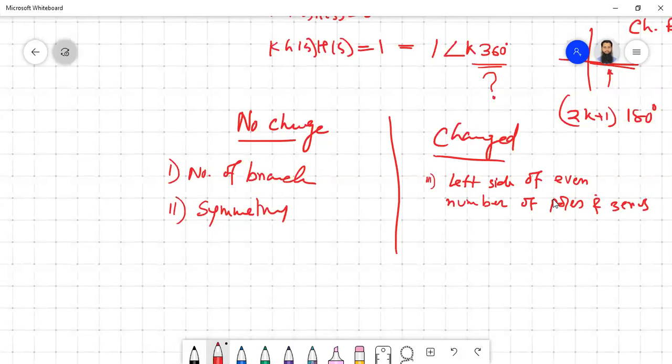Odd number is related to odd multiples of 180 degrees, whereas an even number is related to 360 degrees. That is how they are related.